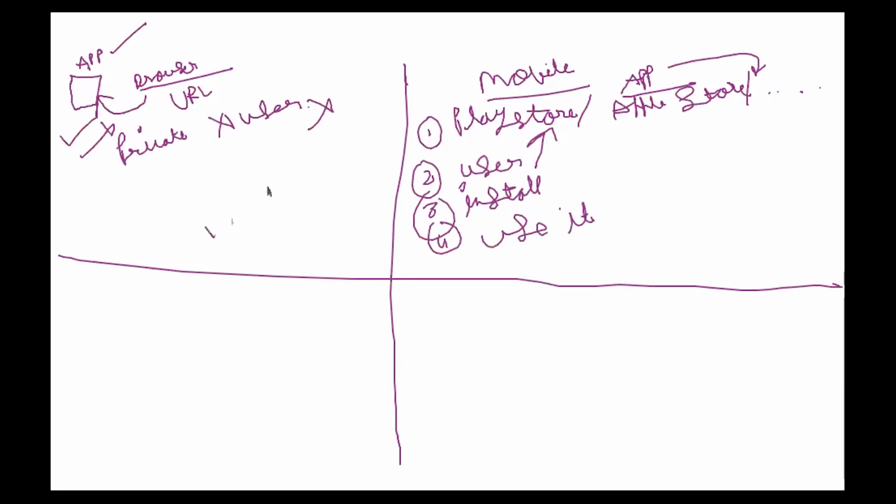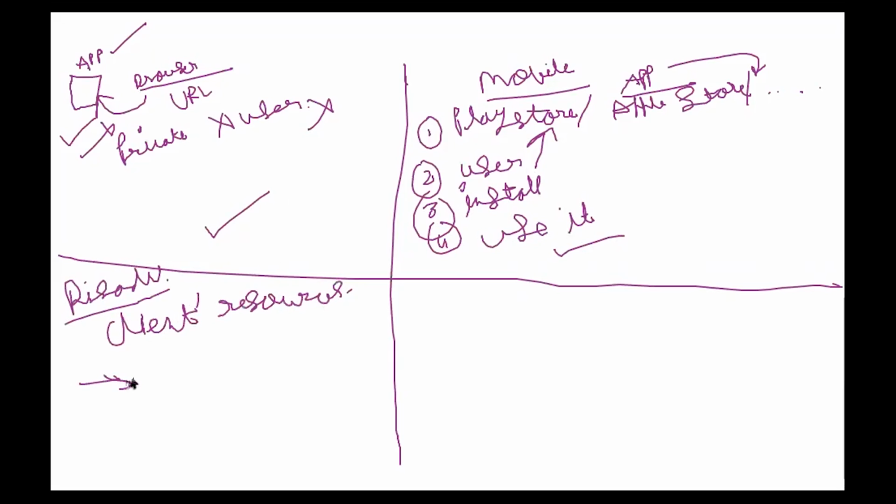Now, what is the advantage of each approach? In the web approach, the major disadvantage is that you cannot take advantage of client resources, for example the memory, the hard disk, something like that.